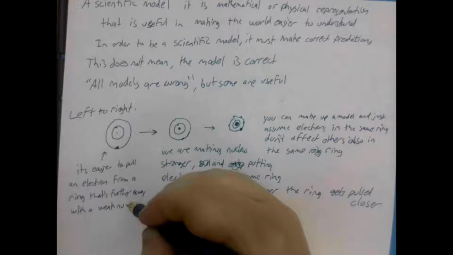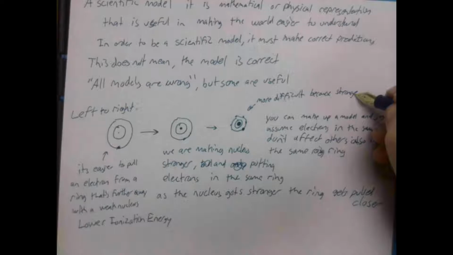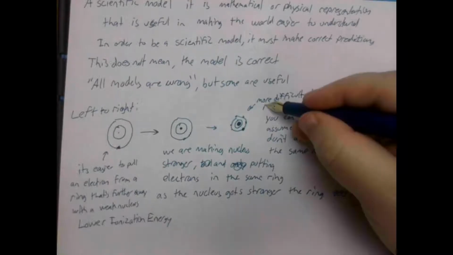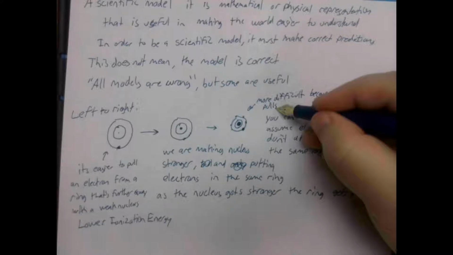While here is more difficult because the stronger nucleus pulls the ring closer.